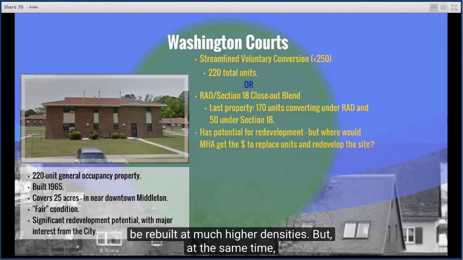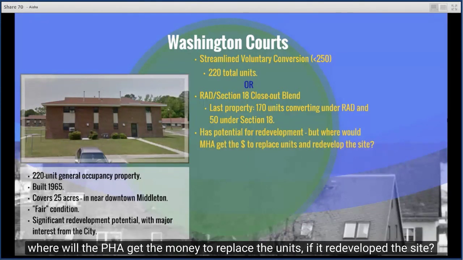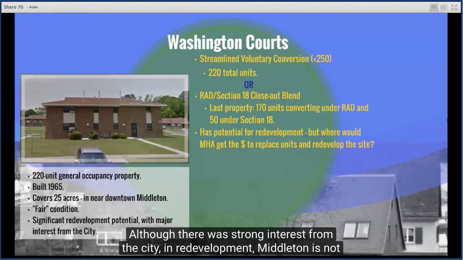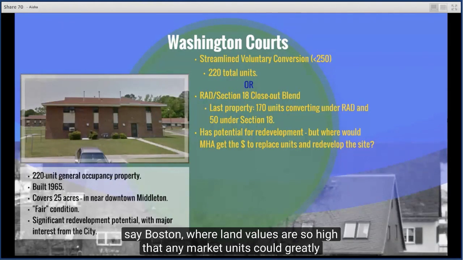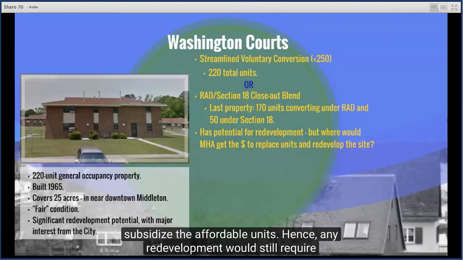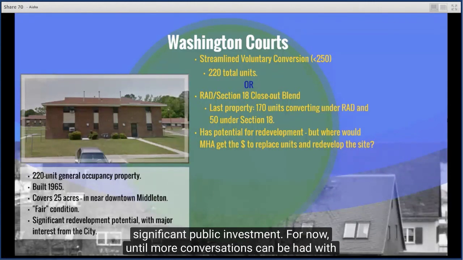But at the same time, where would the PHA get the money to replace the units if it redeveloped the site? Although there was strong interest from the city in redevelopment, Middleton is not, say, Boston, where land values are so high that any market units could greatly subsidize the affordable units. Hence, any redevelopment would still require significant public investment.